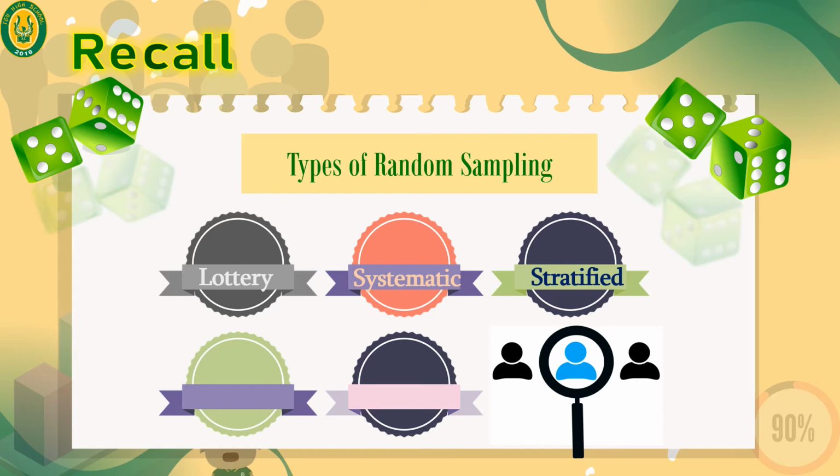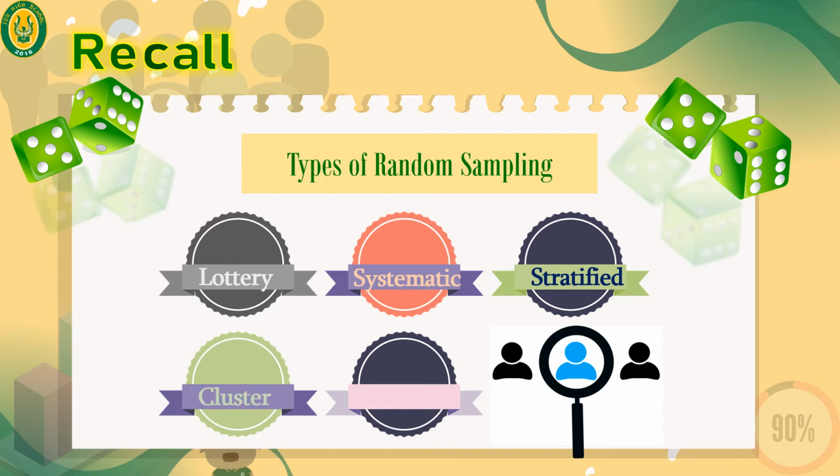For the girls, you will only examine the girls, let's say, with long hair, and for the boys with a height of 5 feet and above. So you classify them into certain strata or characteristics. That's why it's called stratified sampling, because you set a certain strata or characteristic only, which will be your basis for the selection.